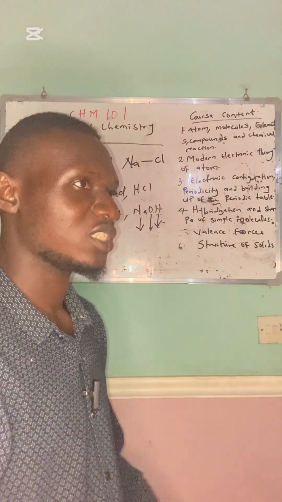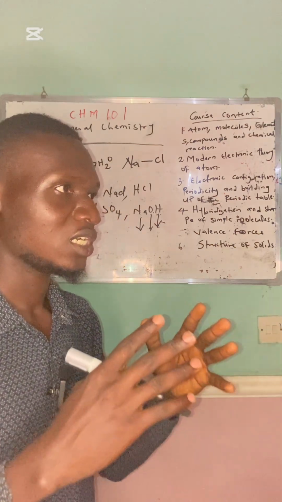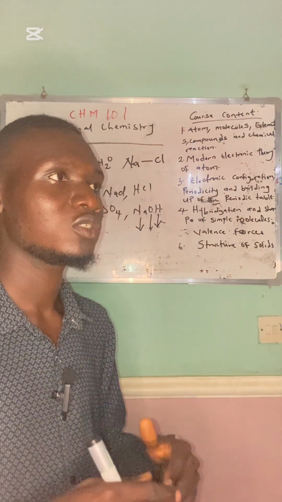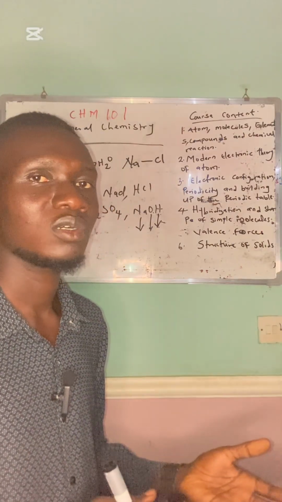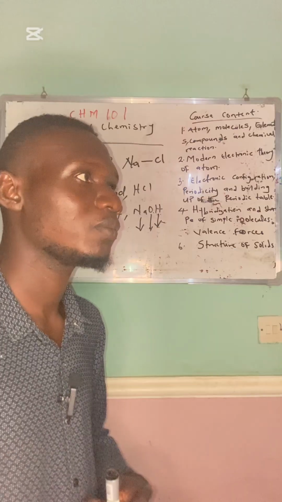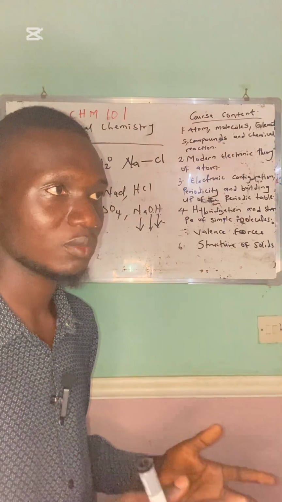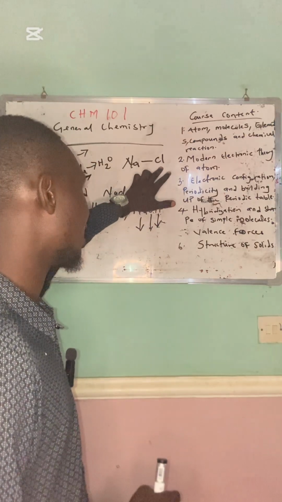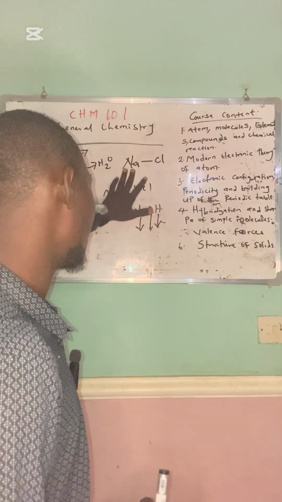And we say electronegativity is the relative tendency for an atom or an element to attract electrons to itself during a chemical reaction or in a compound. This is a very good example. This is an electronegative atom. This is an electropositive atom.